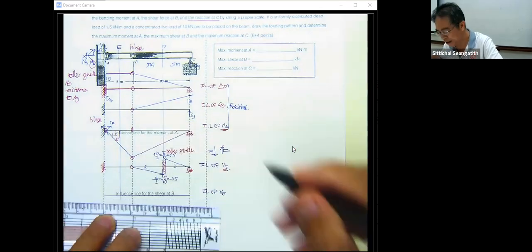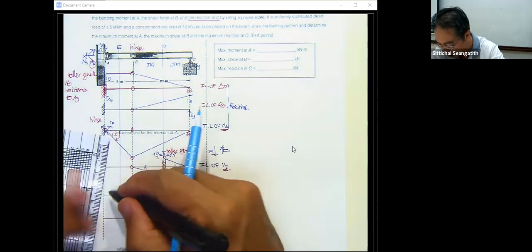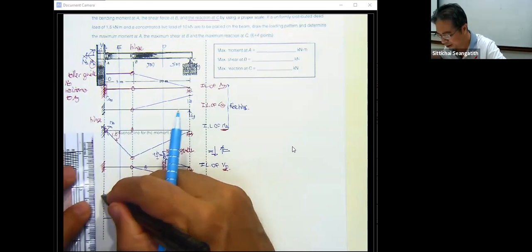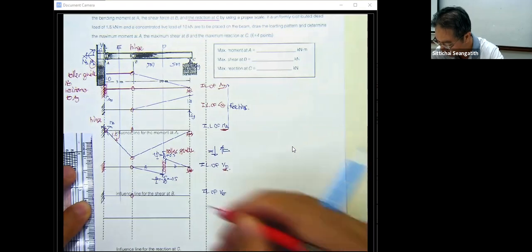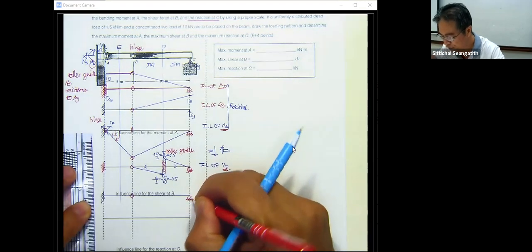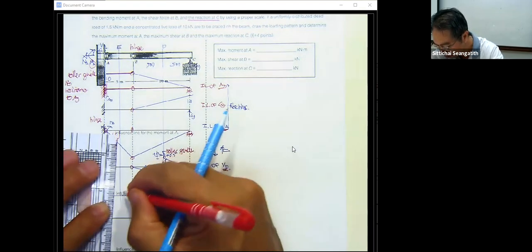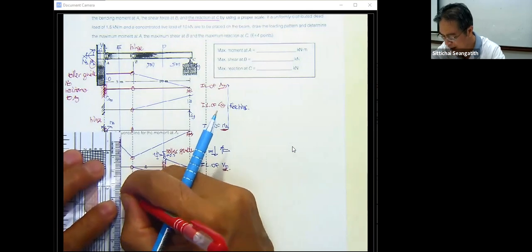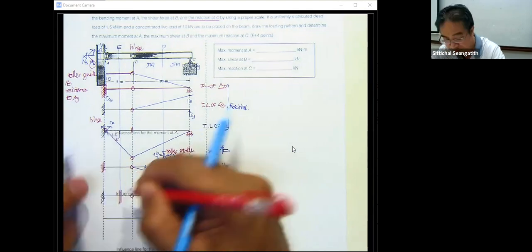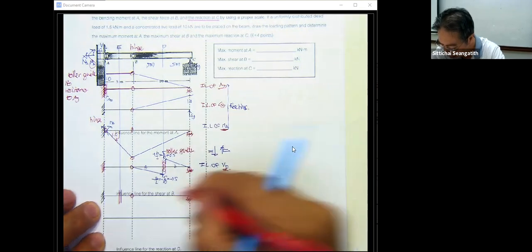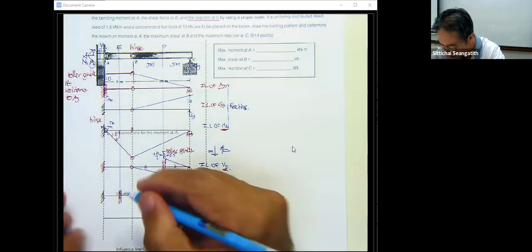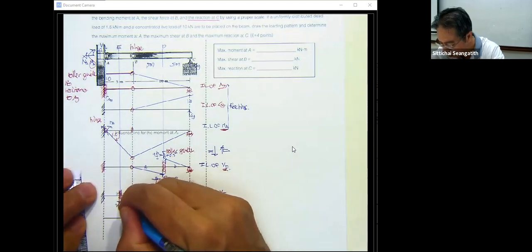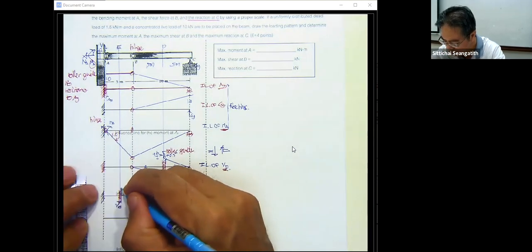For the V sub E, the A is still fixed, the B is still hinge, and the C is still roller. What we have is we just cut point E and remove the resistance to the shear at E. And then we put the V sub E positive to apply into this one.